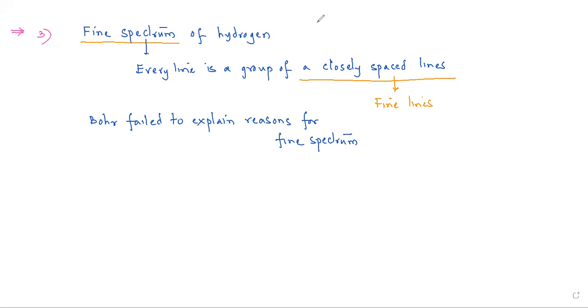Right. Then, you know, according to Bohr, angular momentum must be equal to integral multiples of h by 2 pi. But why? Why is angular momentum quantized? Why should n take up integral values only? Why can't it be in fraction?